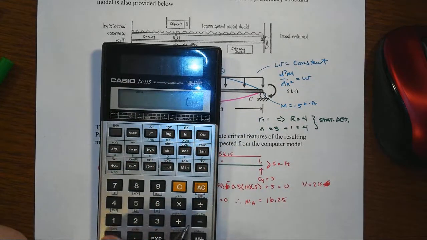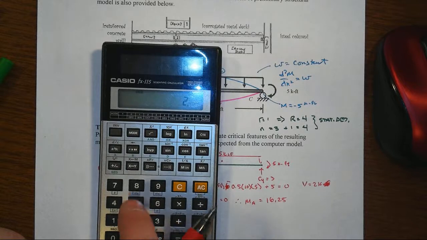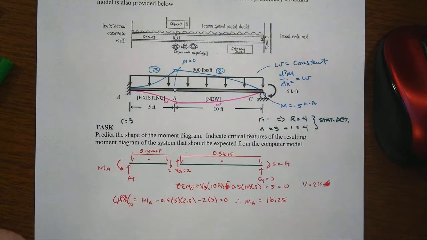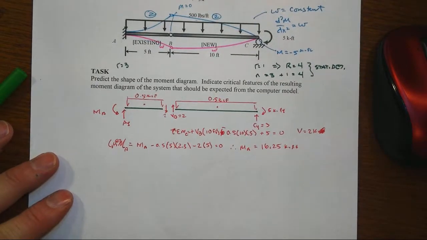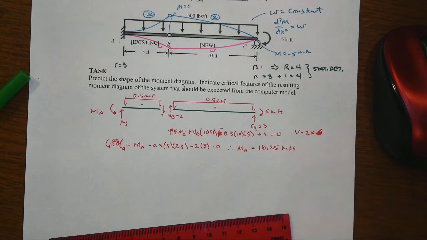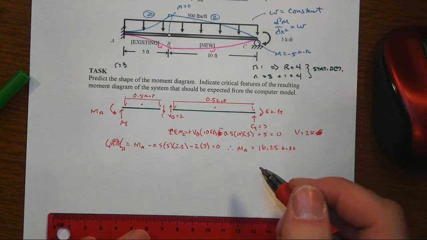Let's just make sure. That's 10 plus 0.5 times 5 times 2.5, yep, 16.25 kip-foot acting in the direction shown.